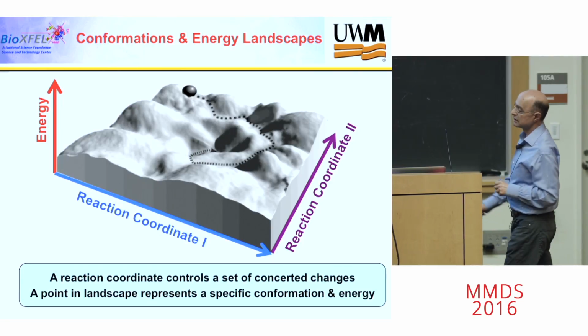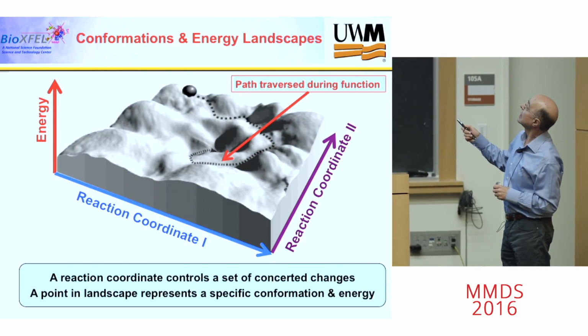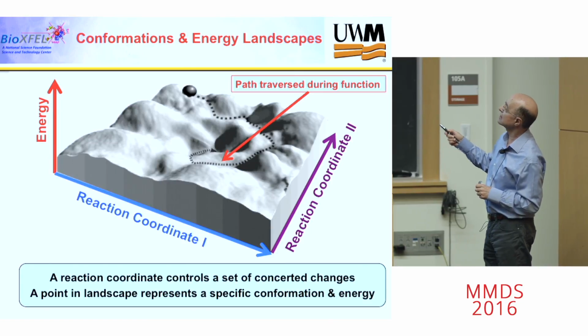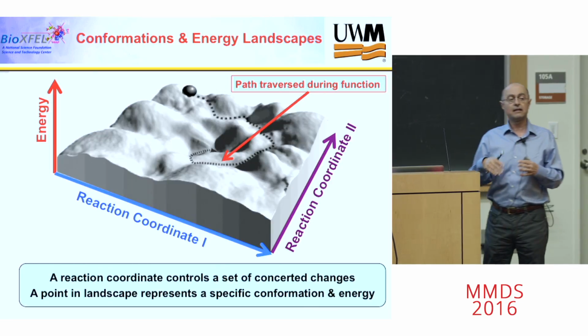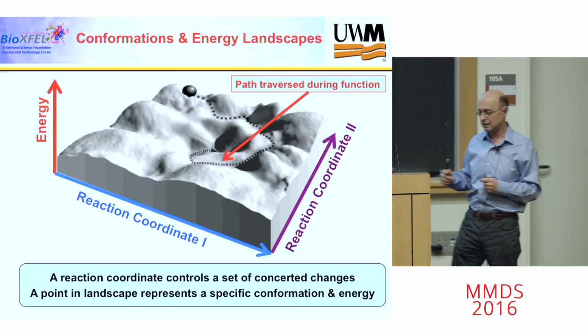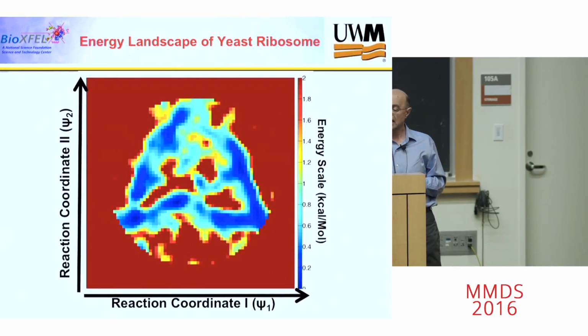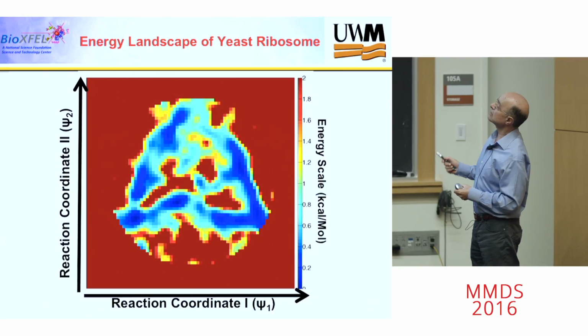Now, function corresponds to a path traversed on this energy landscape. And if you have a machine, then this path will be closed in order to have a repetitive function. Now, here is the energy landscape of the yeast ribosome.